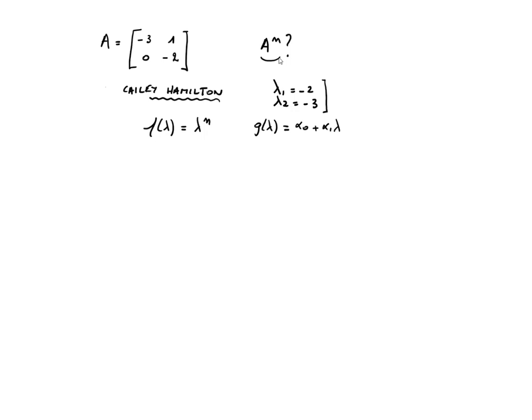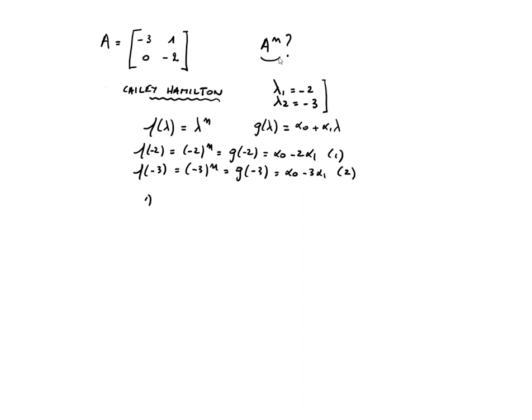And we have to impose that f of lambda and g of lambda are the same on the spectrum of A. So f of -2, that's (-2)^n, is equal to g of -2. This is alpha 0 - 2 alpha 1. This is equation 1. F of -3, that's (-3)^n, is g of -3, and this is alpha 0 - 3 alpha 1.